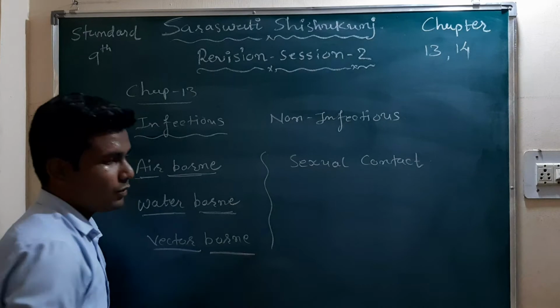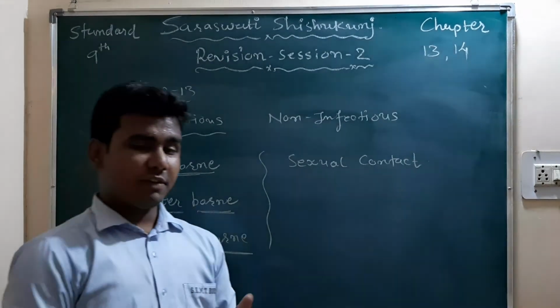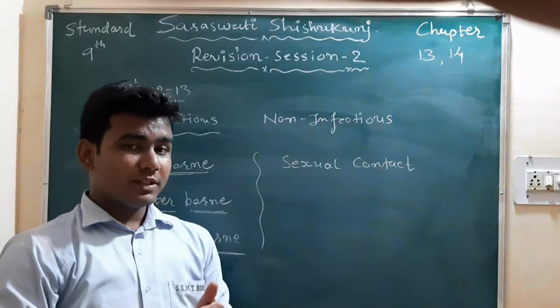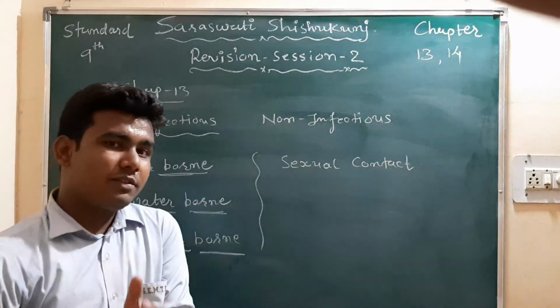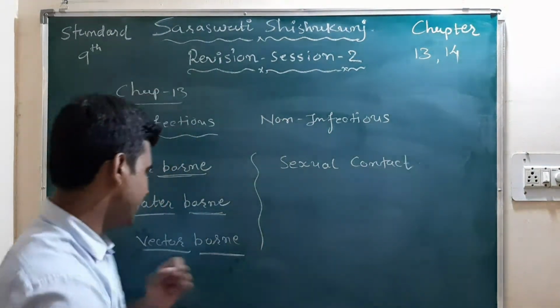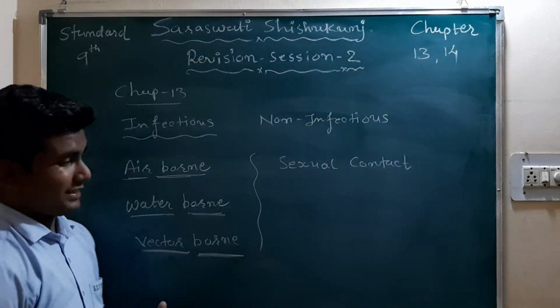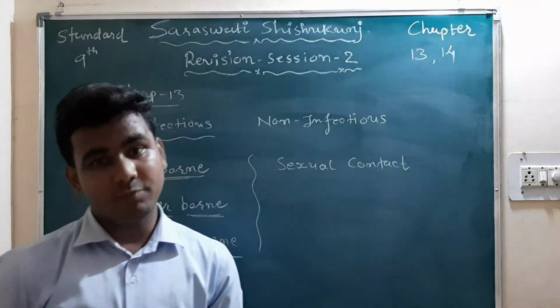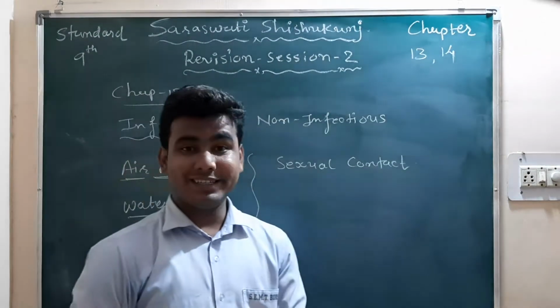Vector-borne disease. So what does vector mean? We know that different flies and mosquitoes are vectors. They are responsible for transporting disease from one place to another, from the affected person to the healthy person. So that is vector-borne disease, and the example is malaria. It is caused by the biting of mosquitoes. So the mosquito is a vector.